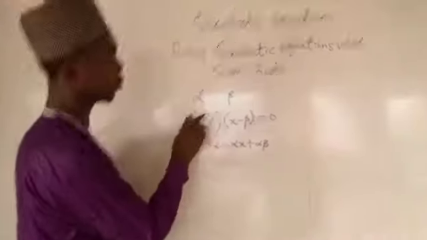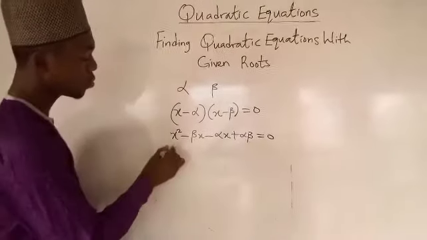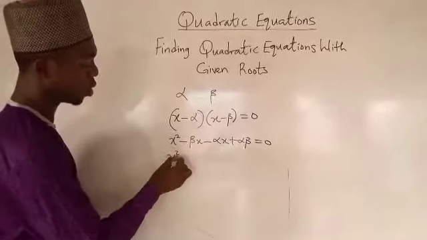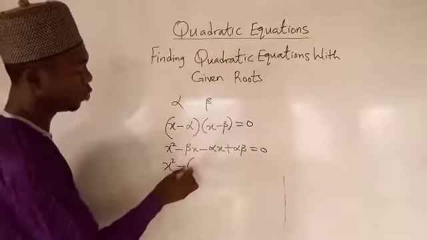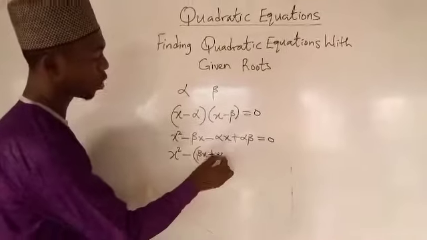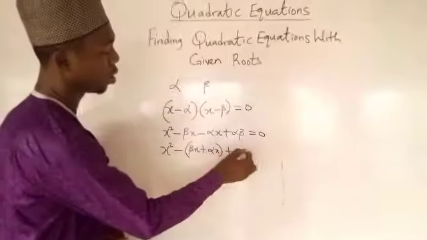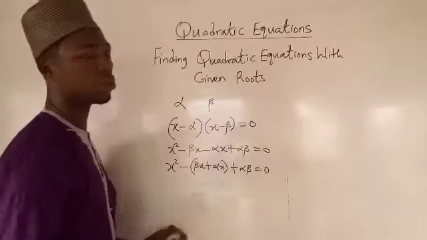I have plus here because minus times minus is plus, equals 0. So it is x squared minus beta x minus alpha x, plus alpha beta equals 0.